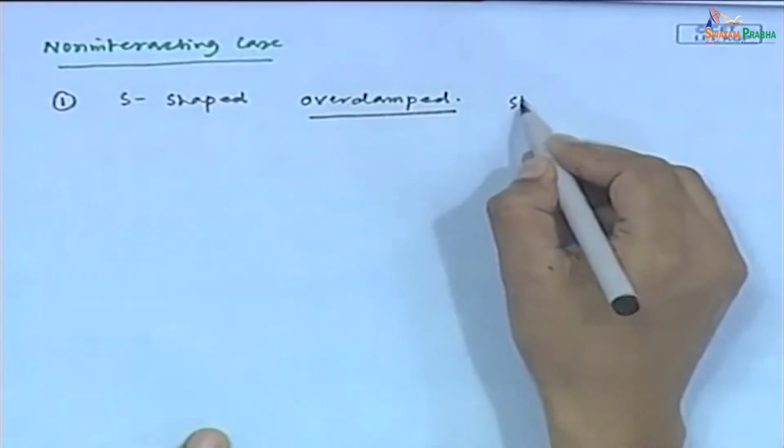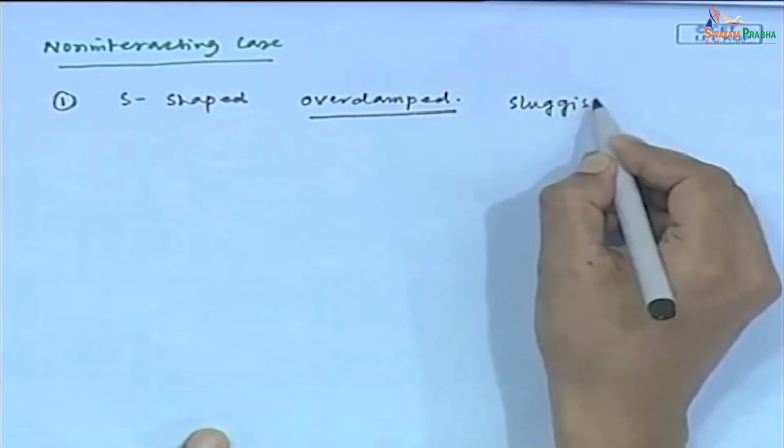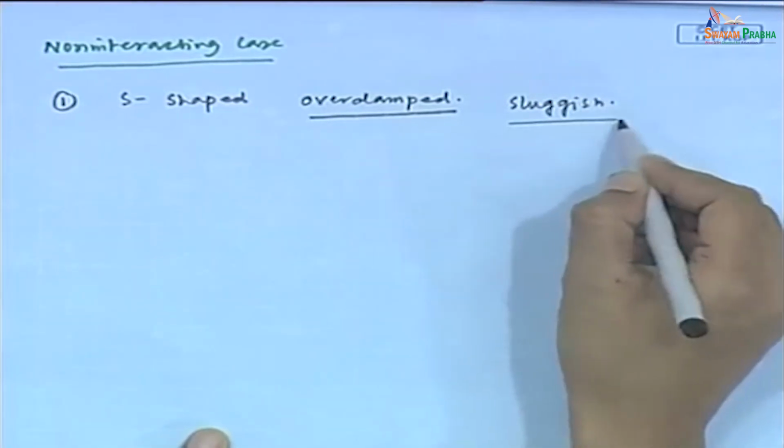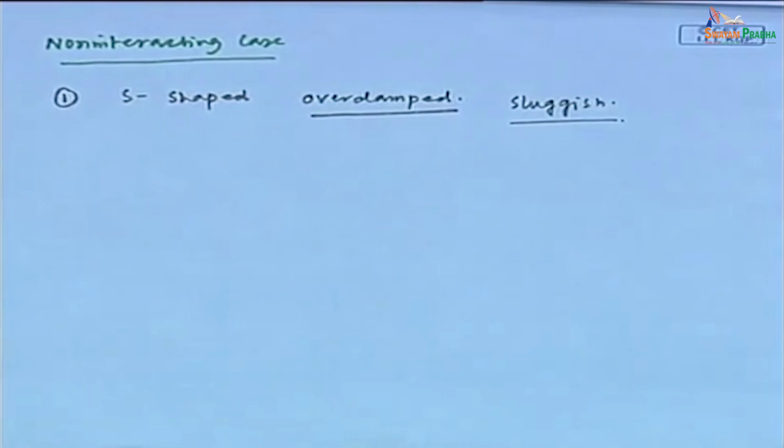Overdamped means zeta is greater than 1, so the overall response is sluggish. This is the first remark.